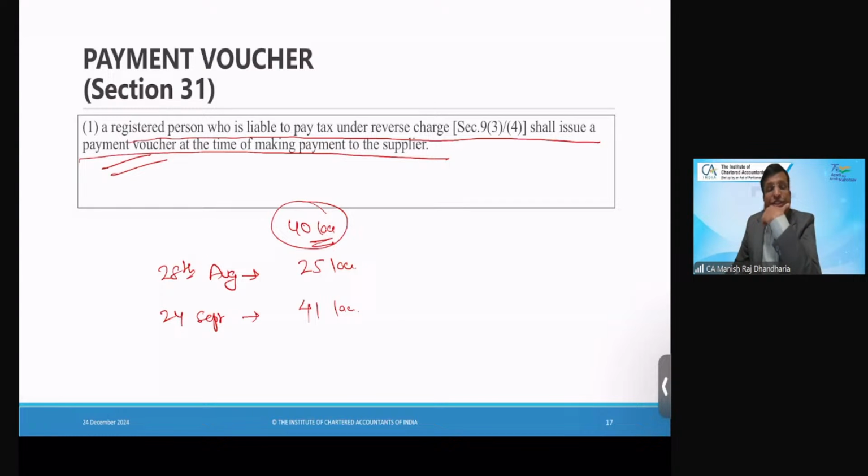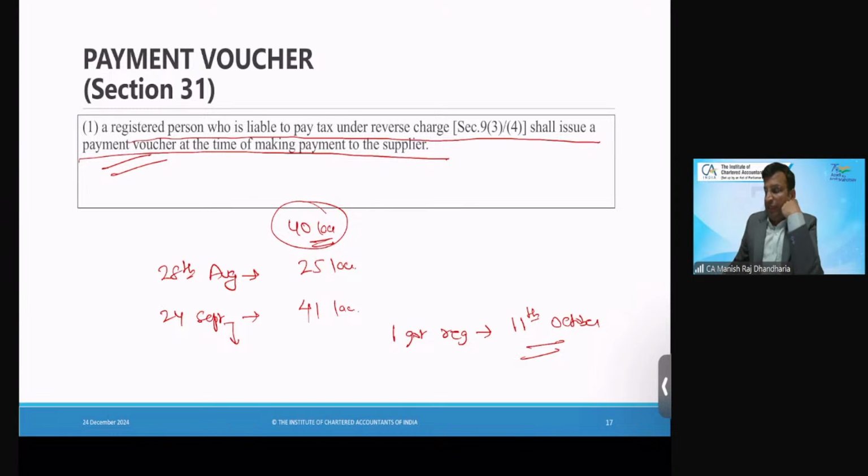I'm supposed to take registration. So what I did, I applied for registration. But we all know to take registration, it will take some time. So registration आते आते 15 days have passed and I got registration on, say for example, 11th October. मुझे 11th October को registration मिल गया. Okay.